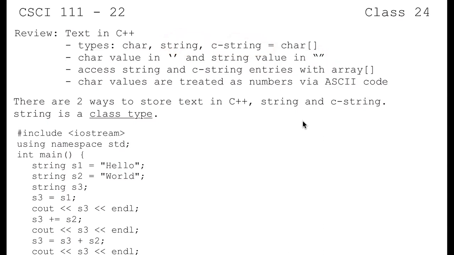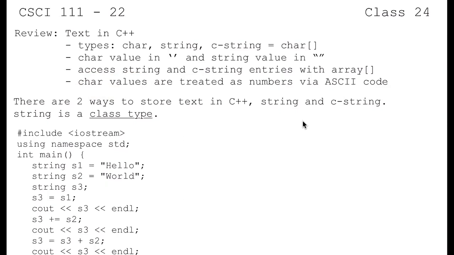And to access string and C string entries, if you want to access the characters in the string or C string, you can just use the array notation. And each character value is treated as a number through the ASCII code.